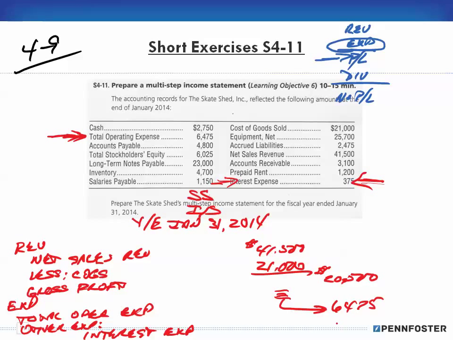Okay, and so what you'd end up having here is like 3 columns, because you take your total operating expense of $64.75, and then you'd have your interest expense, in this case $375. And that, of course, would do the math, and you'd move that to this column to have your total expenses of $68.50.